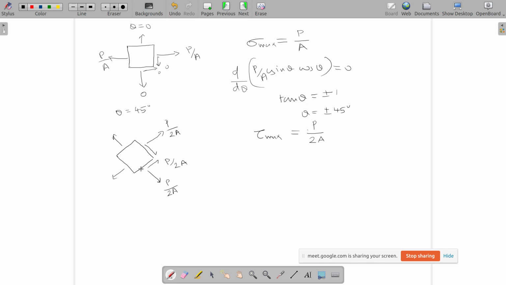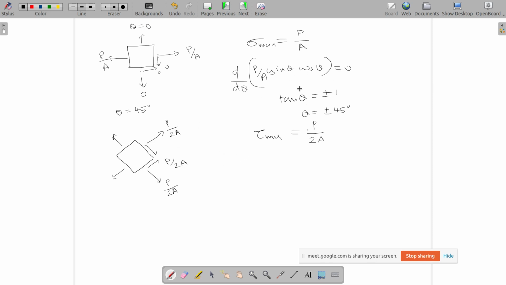So the maximum value of shear stress has half the magnitude of the maximum value of normal stress, and that is happening at an angle which is non-zero. To be precise, that happens at theta equal to 45.